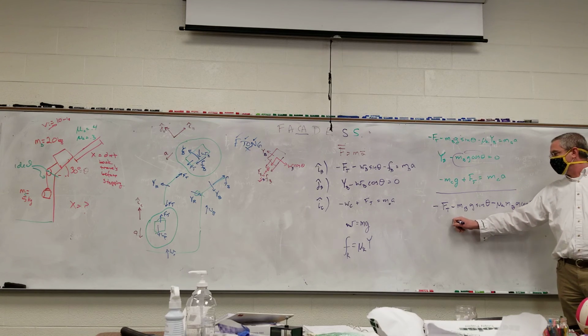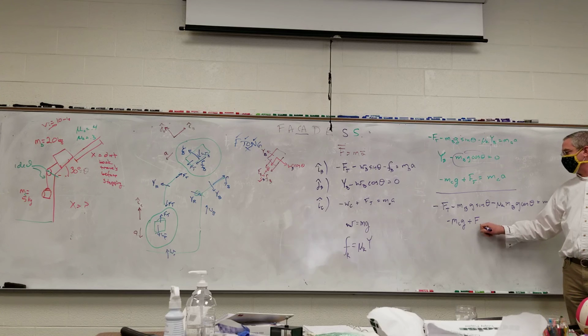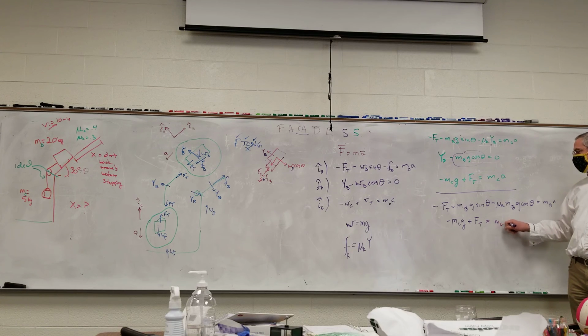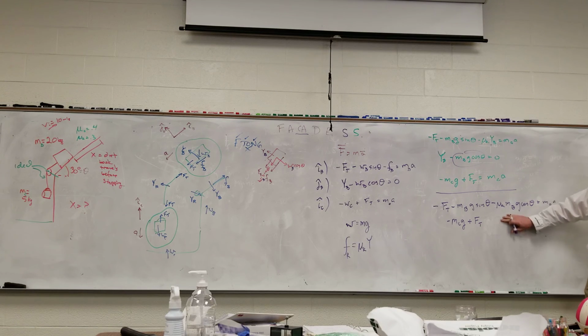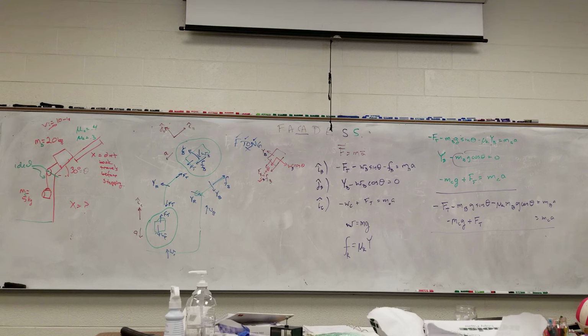And negative MCg plus FT is equal to MCA. Just line it up a little bit better. And add. So what do we end up with in the end?